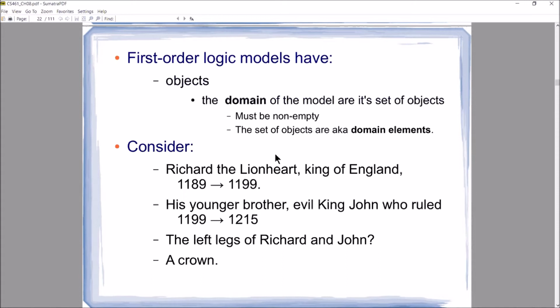He ruled from 1199 to 1215. What about left legs? It's a simple or a silly example from the text, but whatever. The left legs of Richard and John, right? And then there are crowns. There are crowns in the possible worlds, okay? So these things can all be objects in a model, and it's possible for them to be related in different ways.